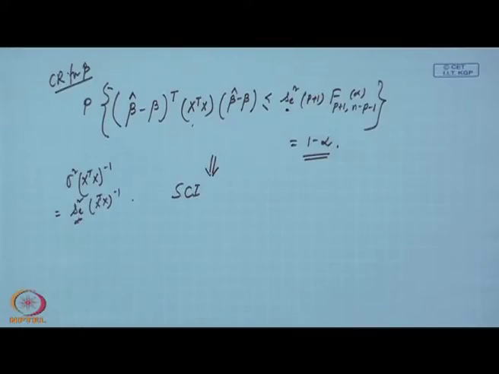What I am saying is that beta cap is multivariate normal. Beta cap is a statistic. Earlier we saw that x bar is multivariate normal, and that was a statistic. With x bar we created the confidence region for mu. Here, with beta cap, we want to find the confidence region for beta.